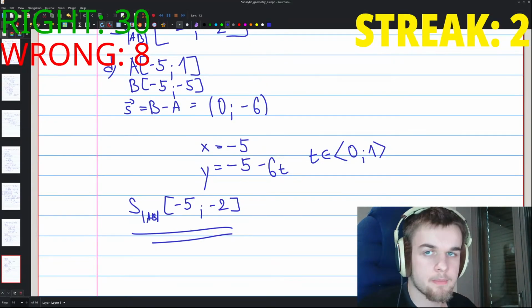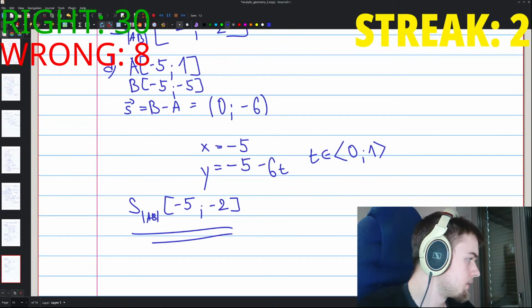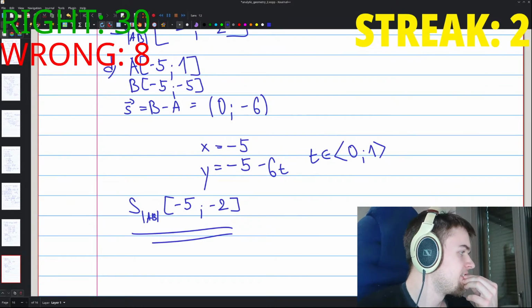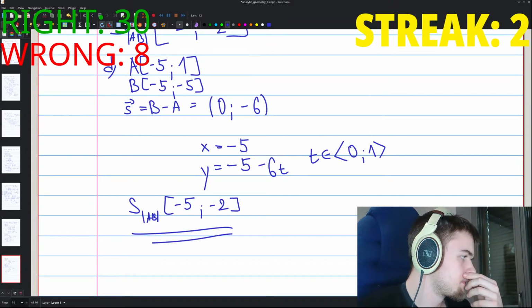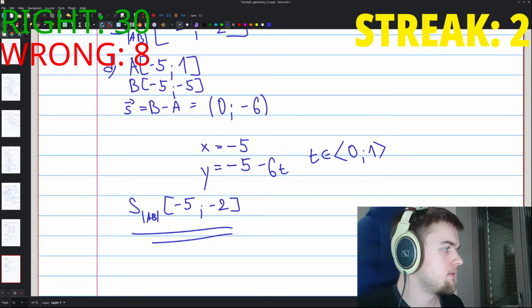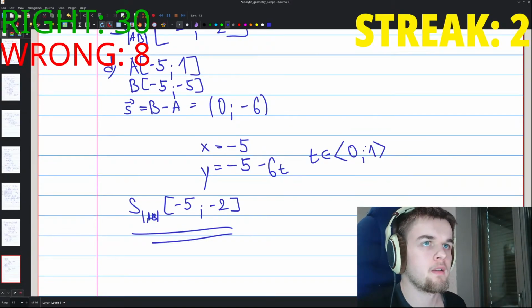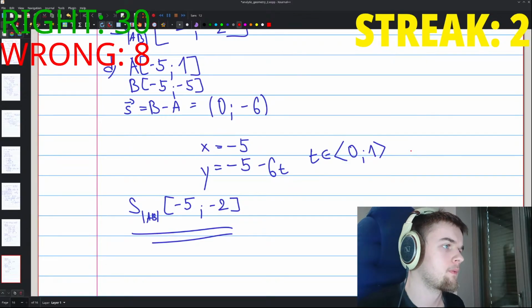I think I saw a glimpse of the results, and I think this one I will get wrong, but I have to know why. Yeah, it's wrong. For some reason, they did not write this, but instead they wrote this.